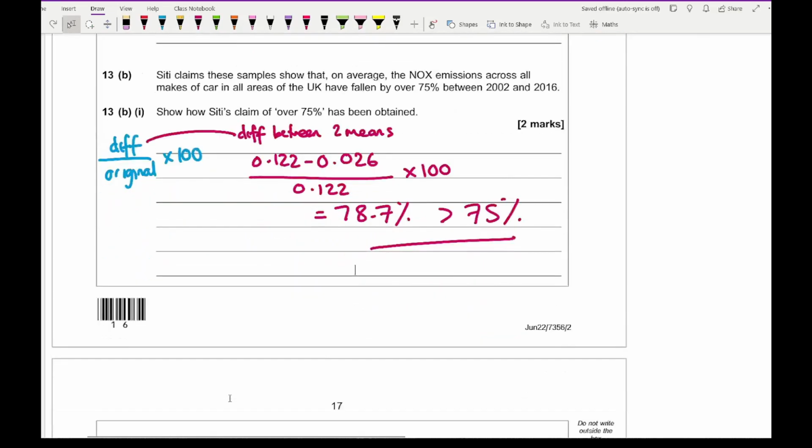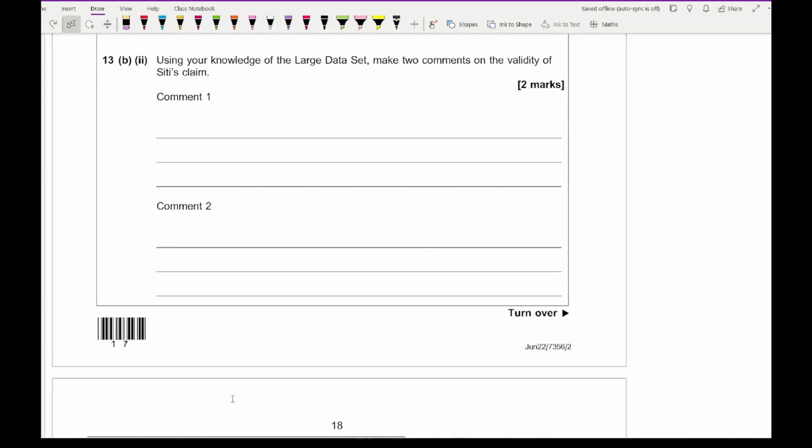So there we go. Then moving on to 13b, it says using your knowledge of the large dataset, make 2 comments on the validity of City's claim.